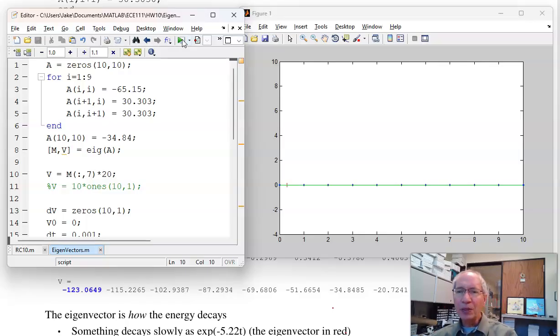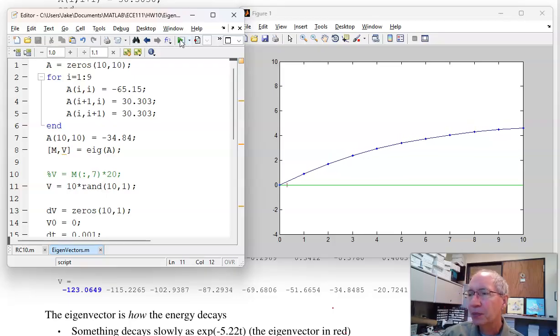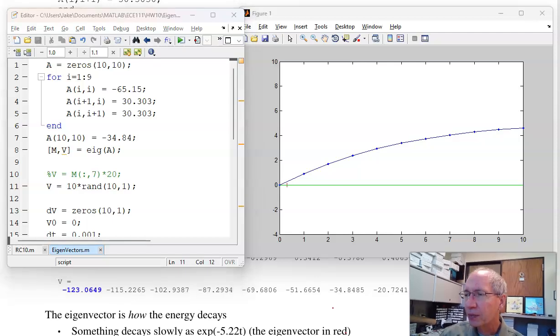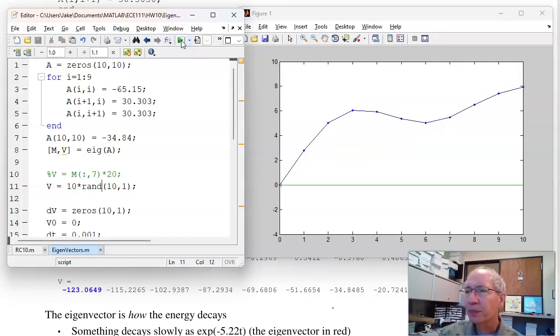So what happens if I make the initial condition something random? The last problem on the homework. Let's try it. There's my random initial condition, and fairly quickly it decays to this shape. I recognize that shape. That shape is the slow eigenvector. And it's not just random, it happens every time.